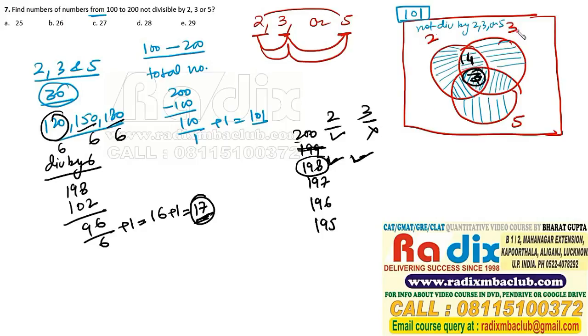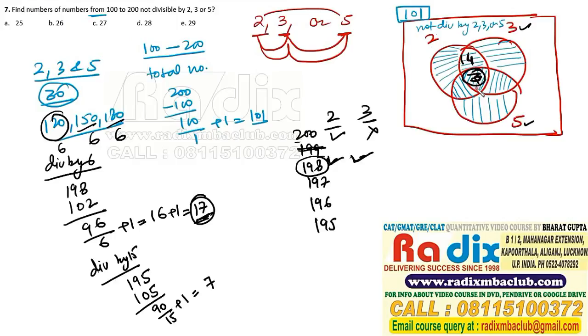Now we will check divisibility by 3 and 5, that is, 15. Last number 195, first number 105, difference 90 divided by 15 plus 1, this would be 7 numbers. We have already written 3, so here we have 4 values.